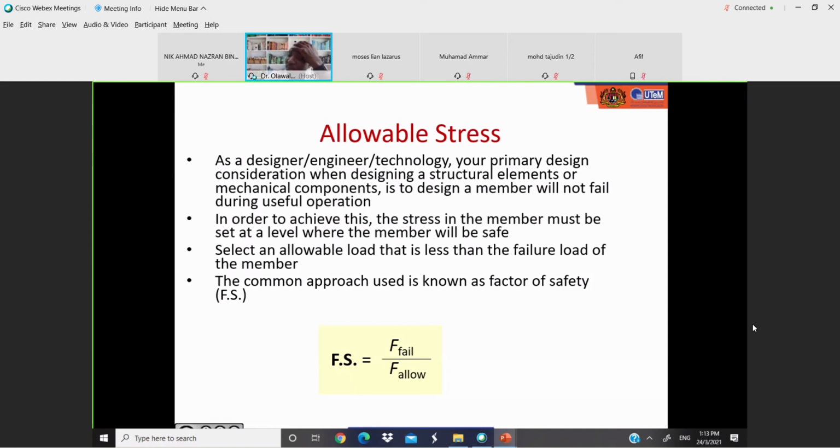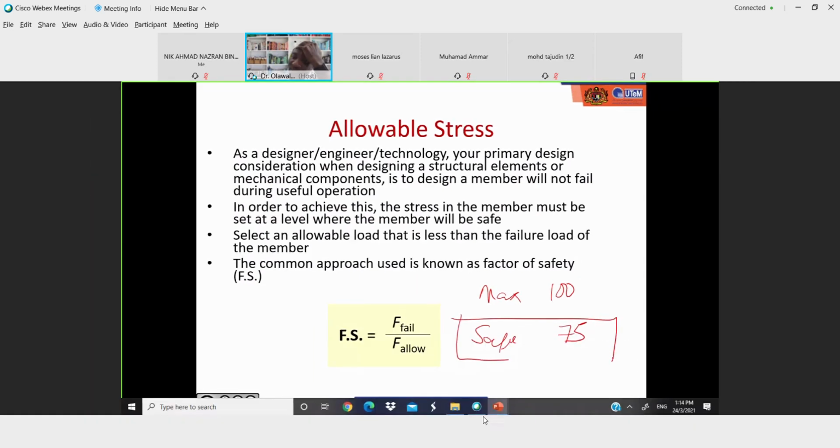So if the maximum it can take is 100, you need to look for a safe level, say 75. You give people this one, but you know that it can take more than this.